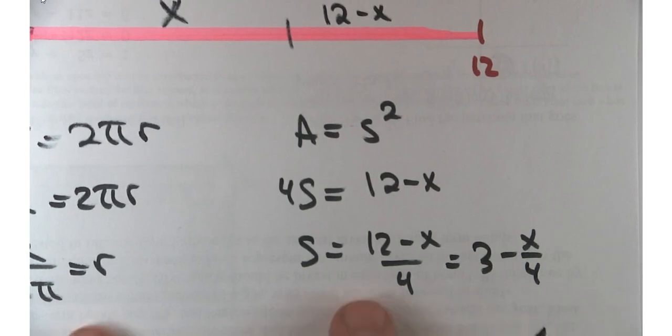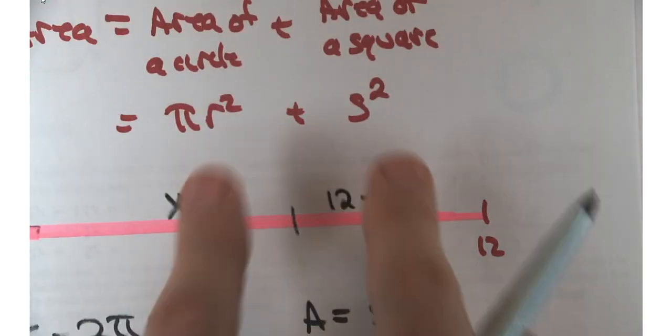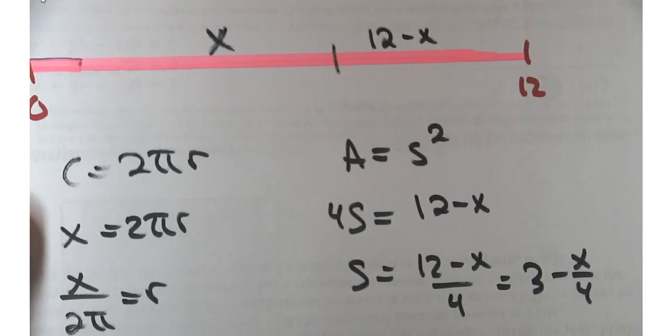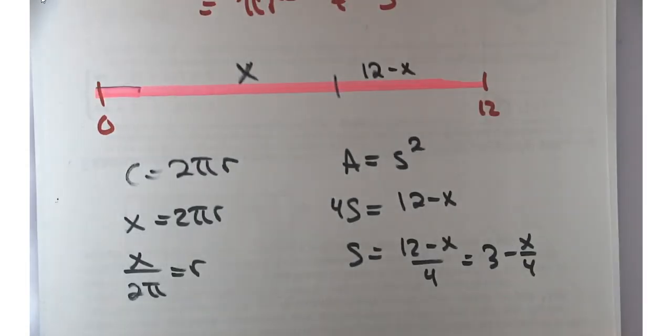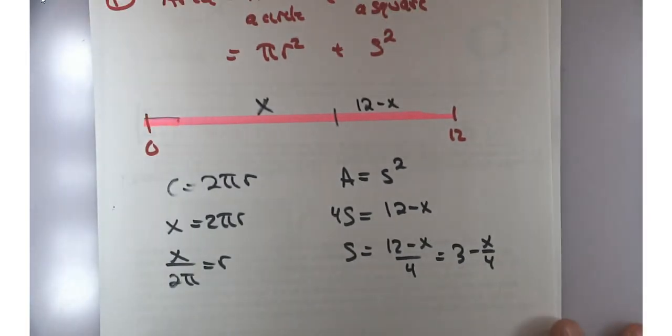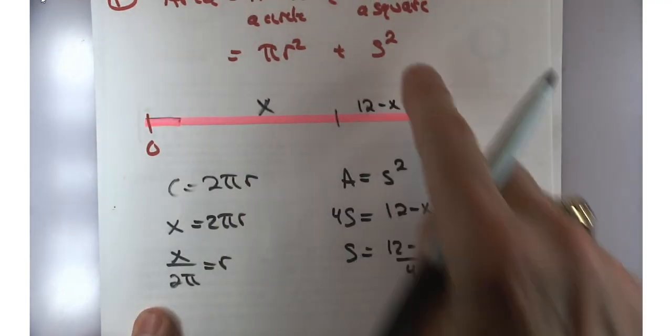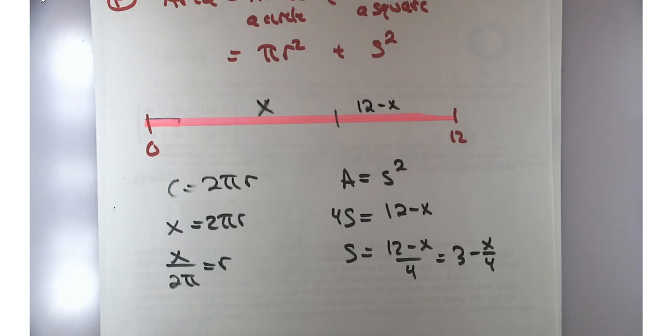But with these changes, we can now substitute into this formula and get something that depends just on x. So that was our goal here, is to rewrite these so that it just depends on x. We solved for r in terms of x. We solved for s in terms of x. That was our goal, is to get a formula that just depended on that one variable.